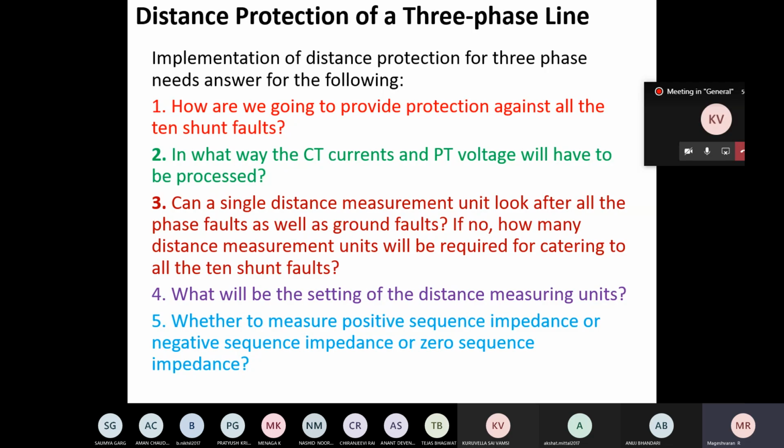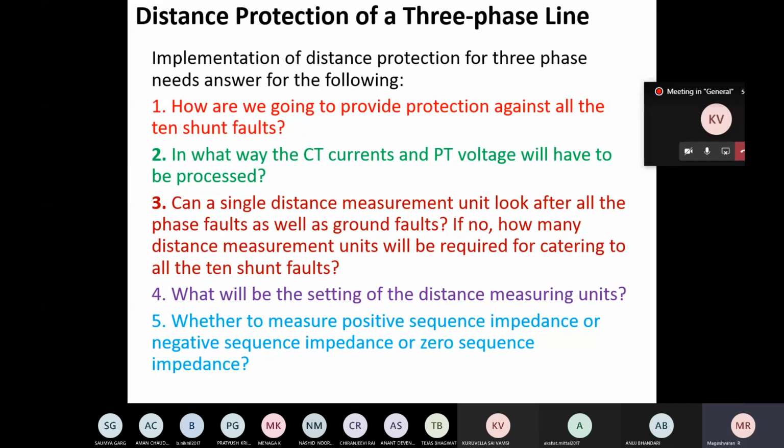For each and every phase you will get shunt faults, meaning R to G, Y to G, B to G. You understand? R to Y, R to Y to G, R to Y to B, Y to B to G, like that.